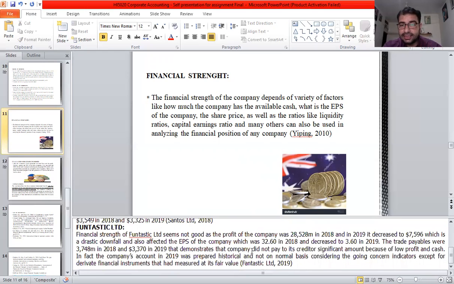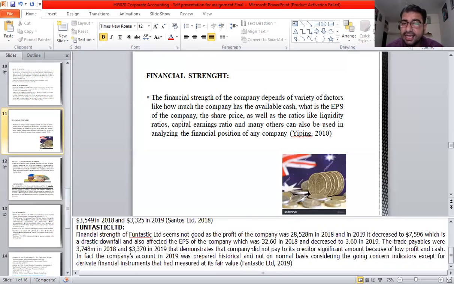For Fantastic Limited, the position of the company seemed not to be good, as the profit was 28,528 million in 2018, and in 2019 it decreased to 7,596, which is a drastic downfall, and also affected the EPS of the company, which was 32.60 in 2018 and decreased to 3.60 in 2019. The trade payables were 3,748 million in 2018 and 3,370 in 2019.